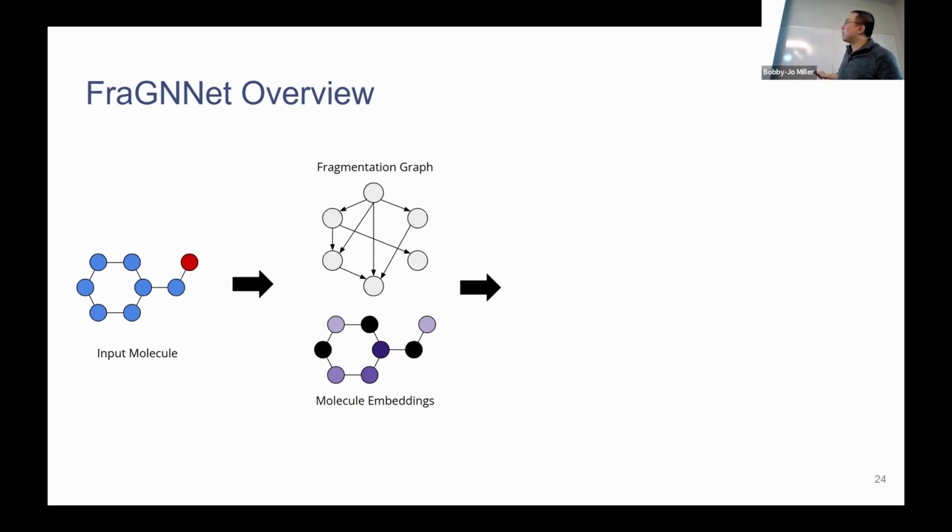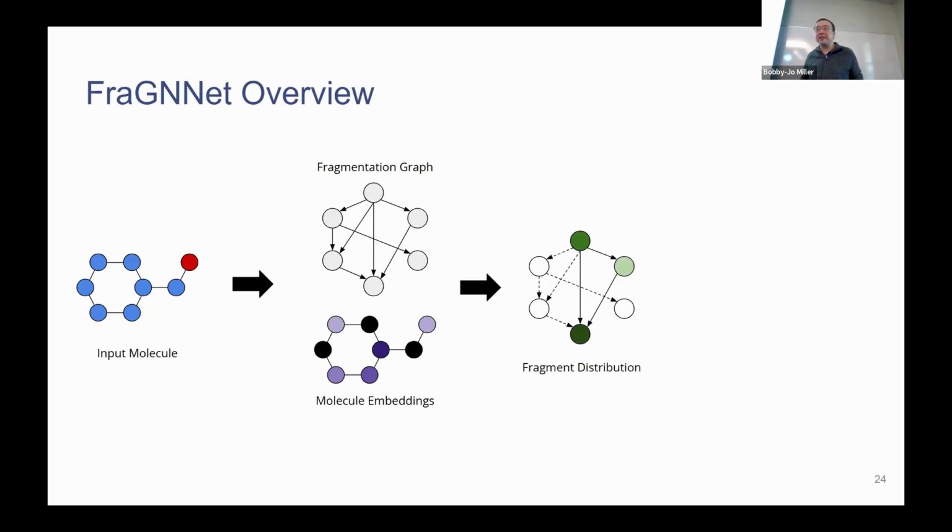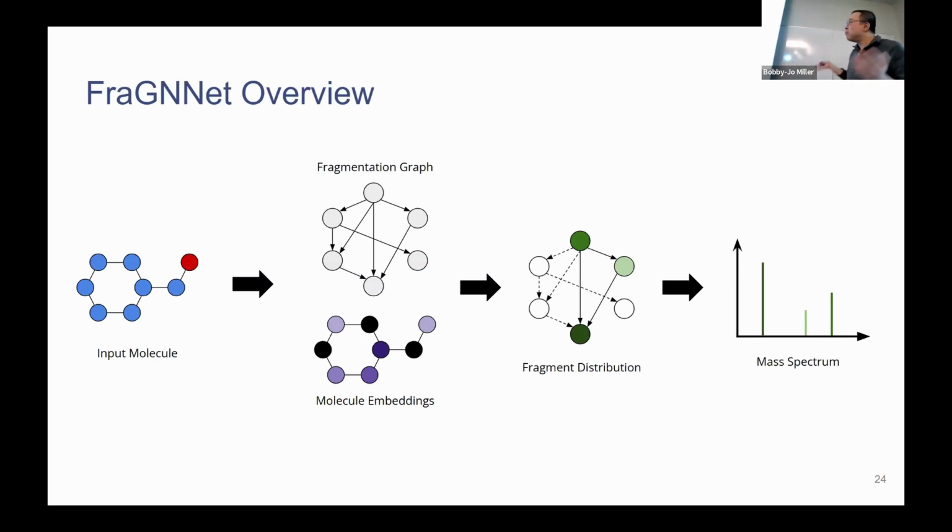Then we're going to combine those two things to produce fragmentation distributions, where each node is a substructure of your original input, and the color indicates the probability that we're going to see it. By doing that, hopefully we can produce a more correct mass spec.